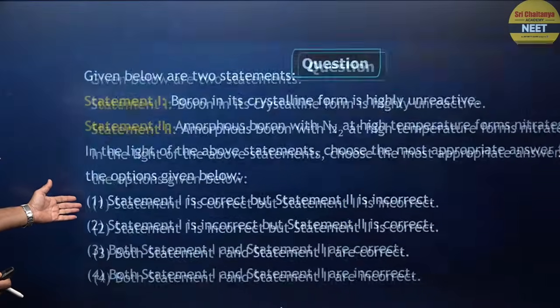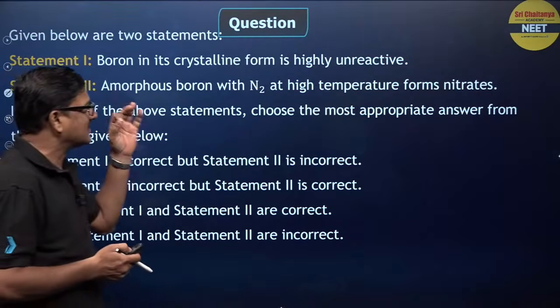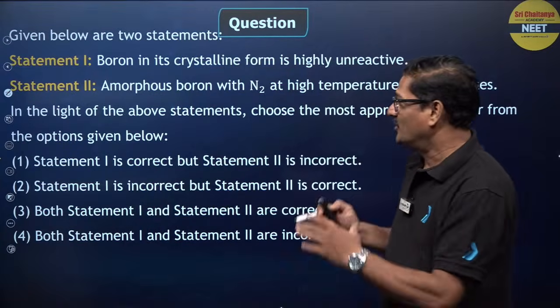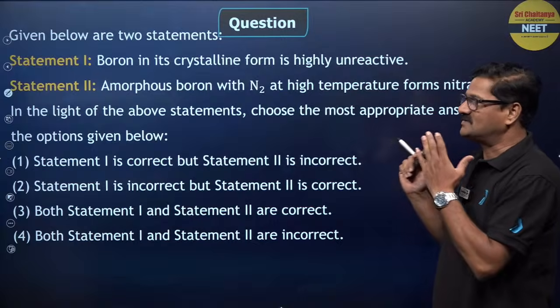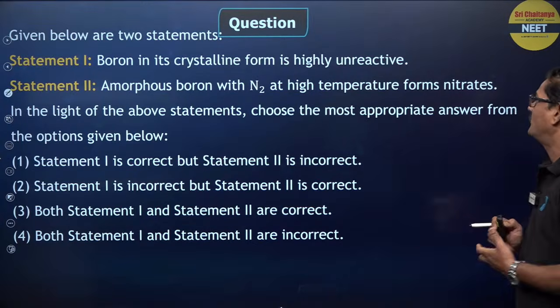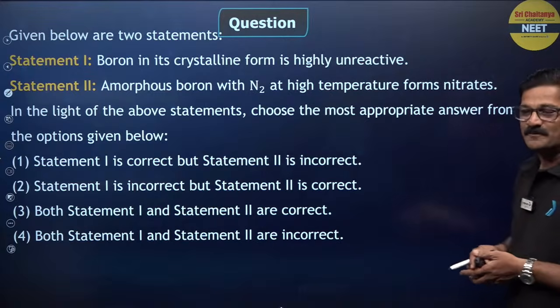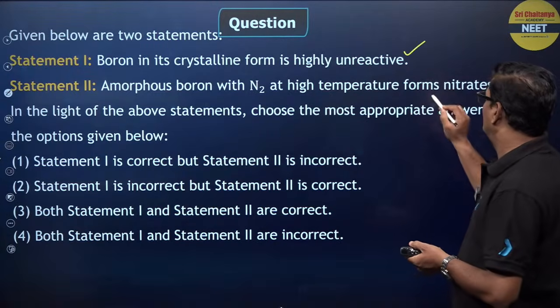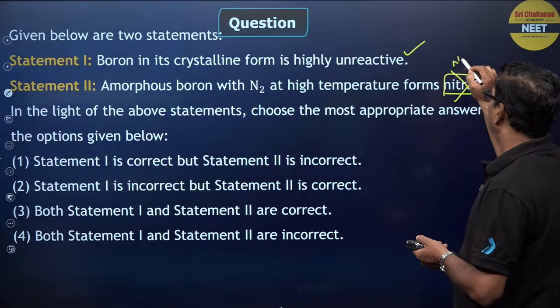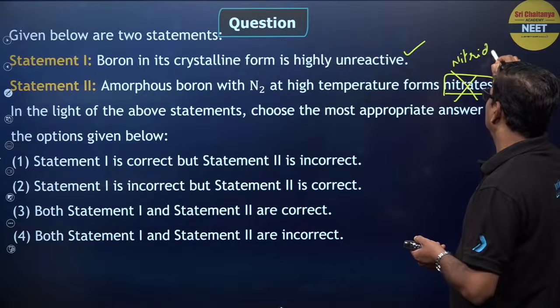Here it is shown: boron in crystalline form is highly unreactive. I told you, you are going to have statement 1 and statement 2. Amorphous boron with nitrogen at high temperature forms nitrates. It does not form nitrate, rather it forms nitride.